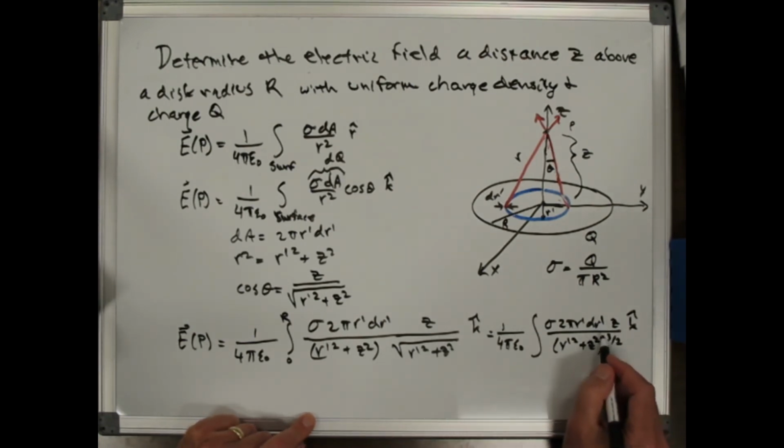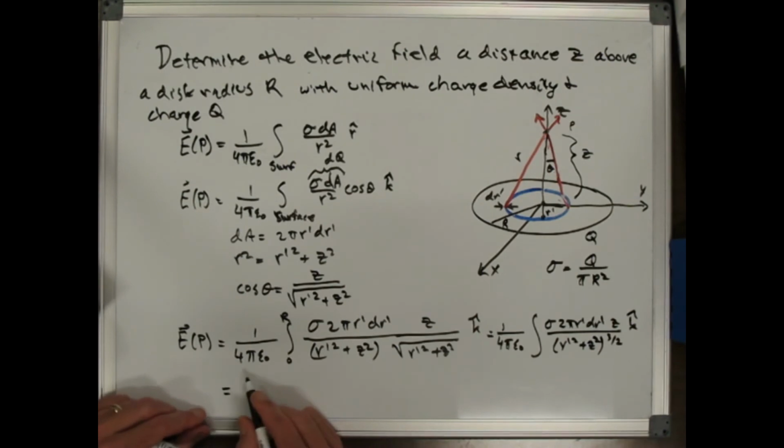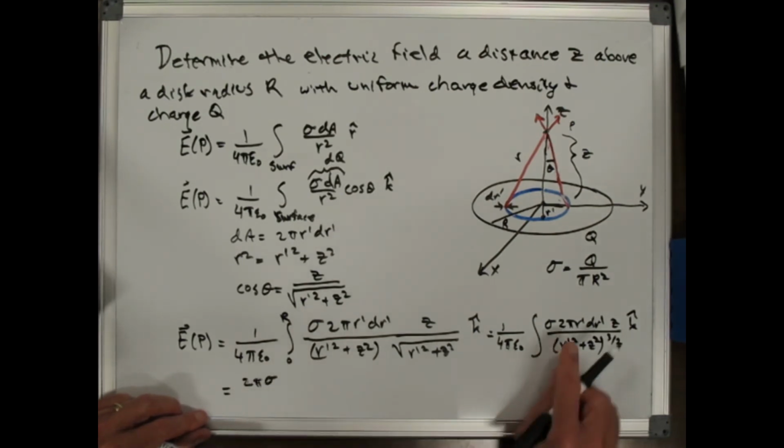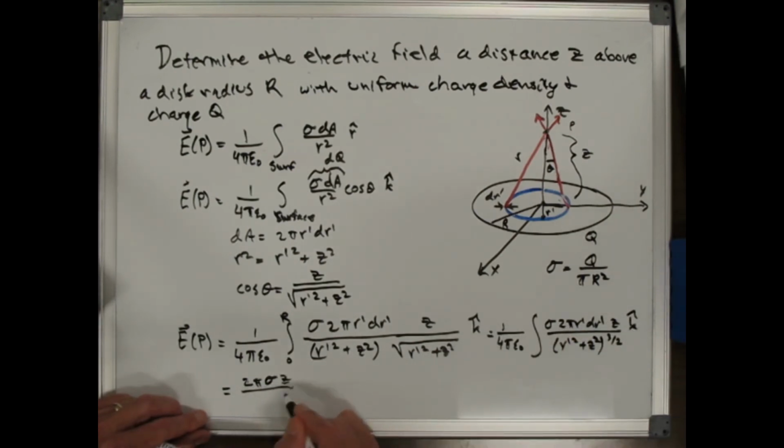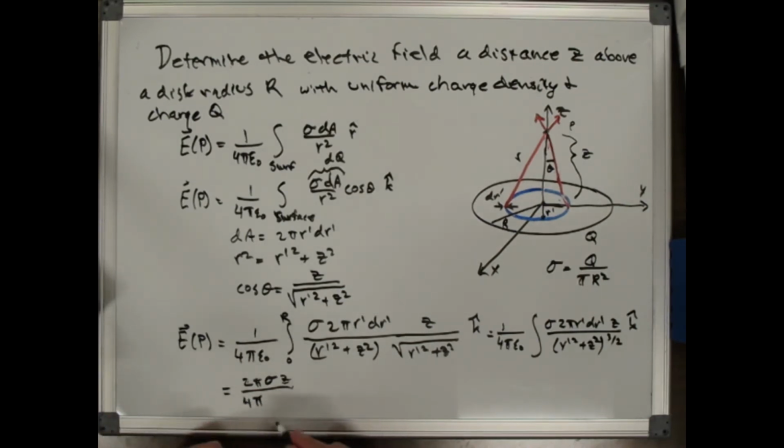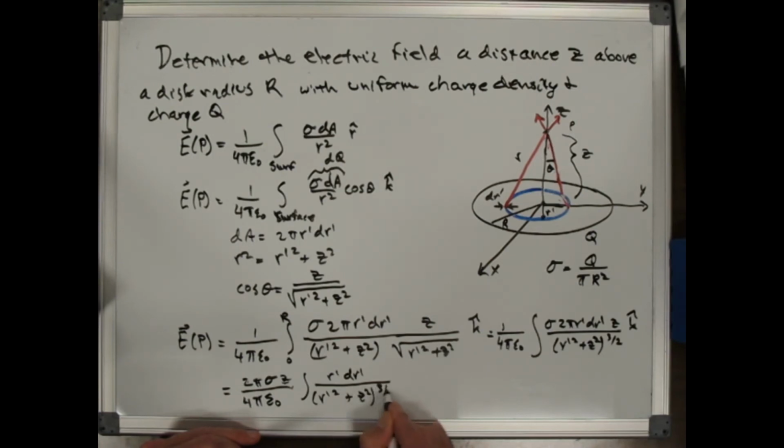And so the z's are constant, and so I can pull all of that out, and I'm really just left with 2 pi sigma z over 4 pi epsilon naught times the integral of r prime dr prime over r prime squared plus z squared to the 3 halves.